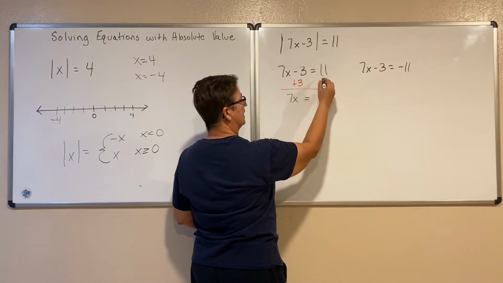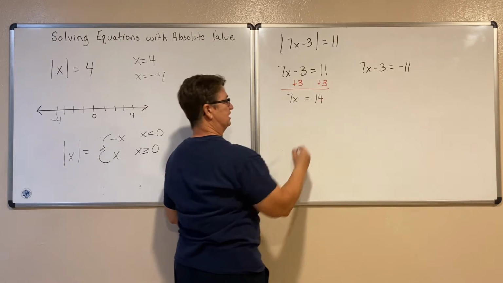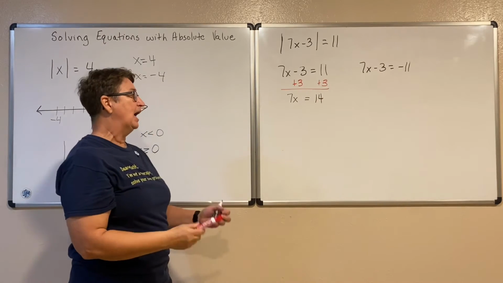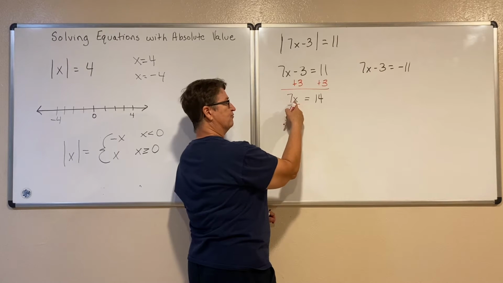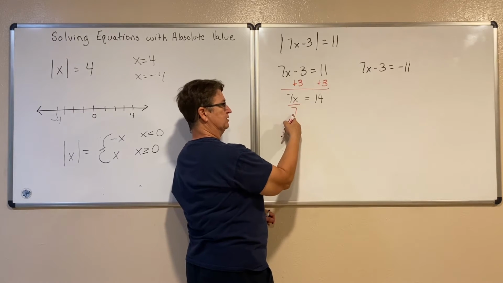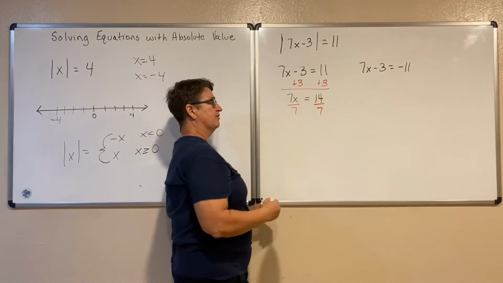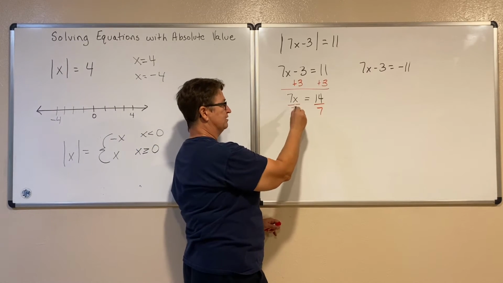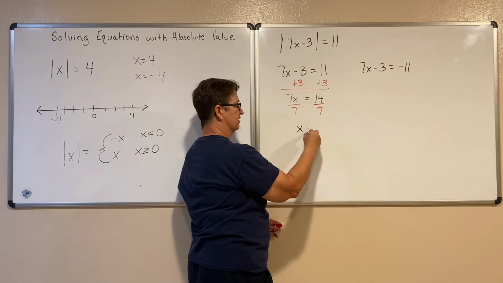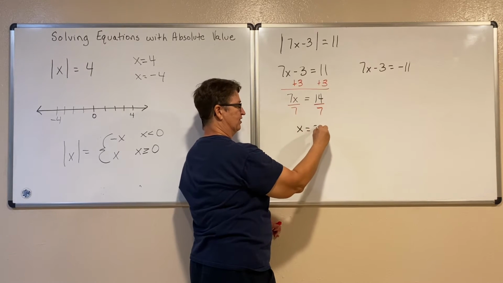And then on the right, 11 plus 3, which is 14. I divide both sides by 7, because the inverse of multiplication is division. Divide both sides by 7, so that I have 1 times x, which is just x, and 14 divided by 7 is 2.